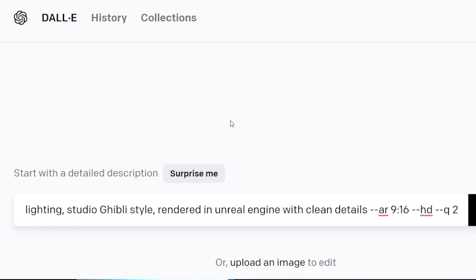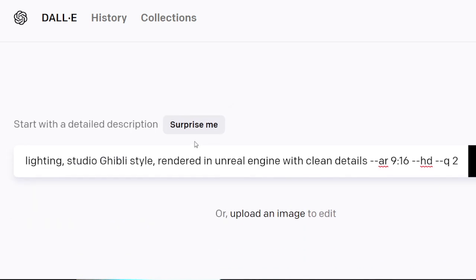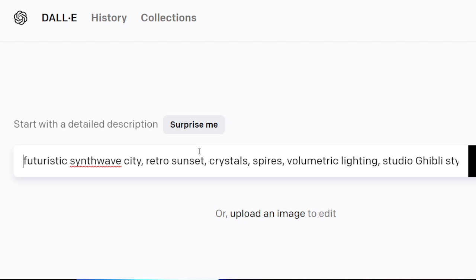So I'm going to paste in the prompt from that site, and I'm going to modify it. Futuristic synthwave. Okay, and we can actually give it an actual name, Miami. Okay.